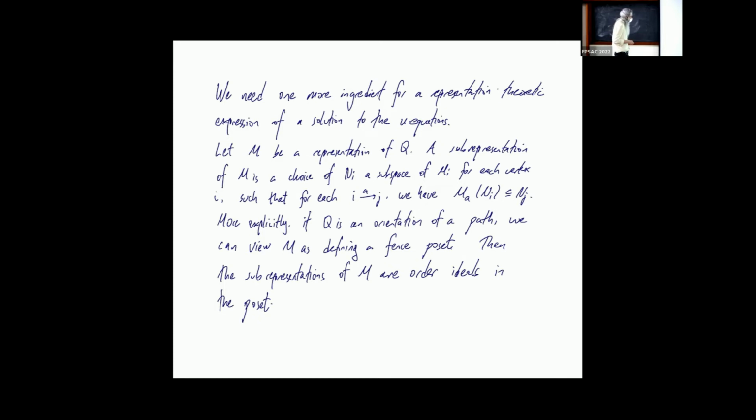More explicitly, if Q is an orientation of a path, the case that we're focusing on, we can view M as defining a fence poset. And then subrepresentations are nothing but order ideals in that poset.